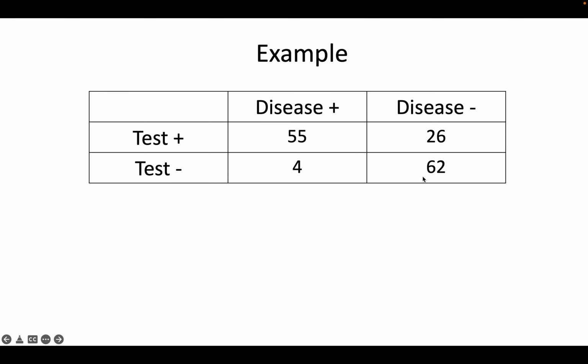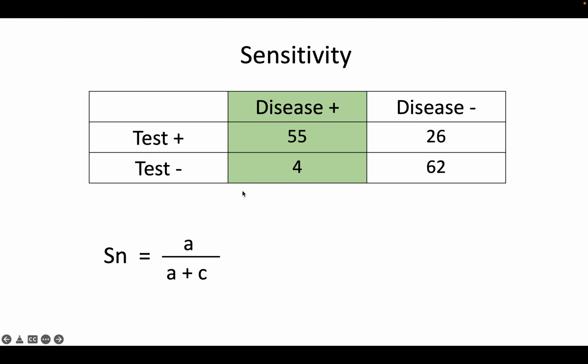So here's our example with real numbers in the cells. Sensitivity is all about this disease positive cell. Like I said, it's the number of true positives the test got right, over all of the positives that were there to get. So 55 over 55 plus 4.